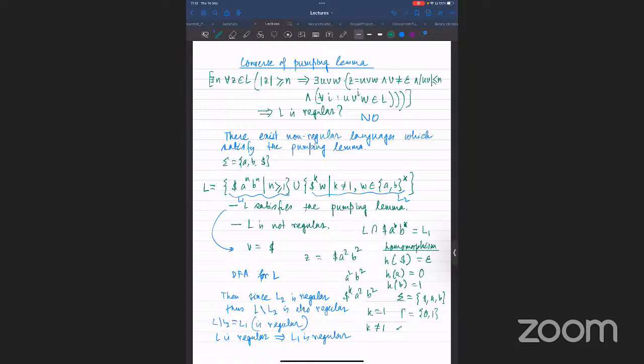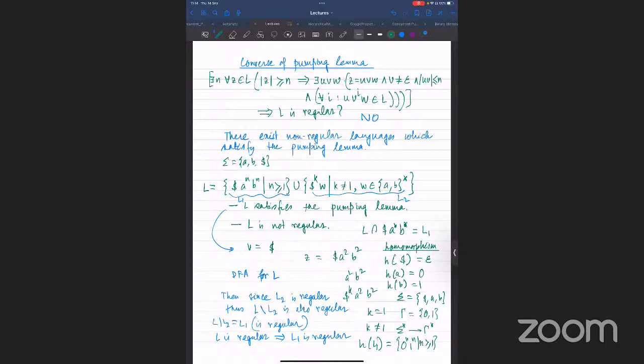So H goes from sigma star to gamma star, my homomorphism. So now what is H of L1? It's 0^n 1^n, n greater than or equal to 1. Correct? H of L1 is this.